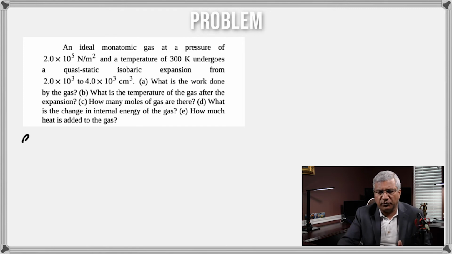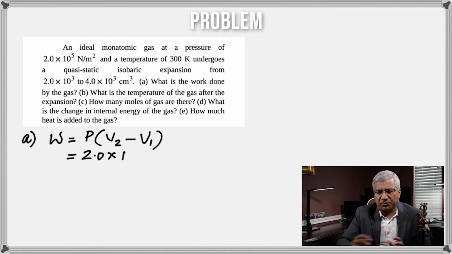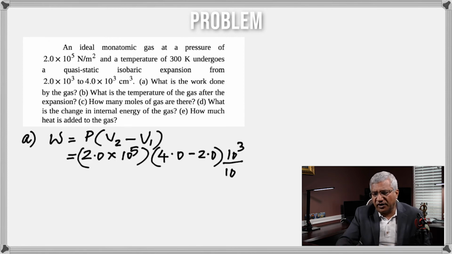We did this before. Work done during an isobaric process is simply pressure multiplied by change in volume. So the pressure is given in proper units. Volume has to be in meter cube. And so we have to divide the centimeter cube by 10 to the power 6.